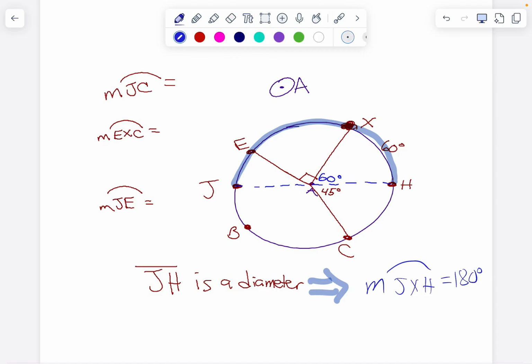Okay, anyway, with that, how do we get maybe measure of arc JE, just this little bit right there? How would you do it? Yeah, good. So that little arc right there is 180 minus 60 minus 90.